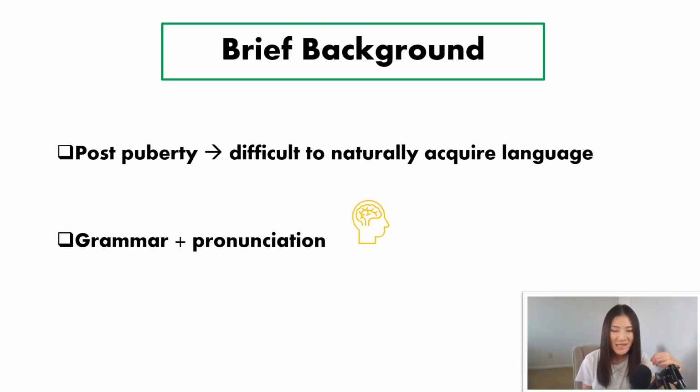Before we begin today's lesson, I wanted to give a very brief background on learning a second language. As an adult, or just anyone who's post-puberty, so maybe that is 11 years old, sometimes it's 14 years old, whenever that point is, once we pass it, it's really difficult for us to naturally acquire a language.